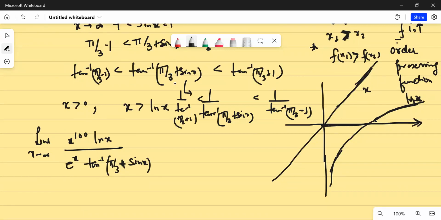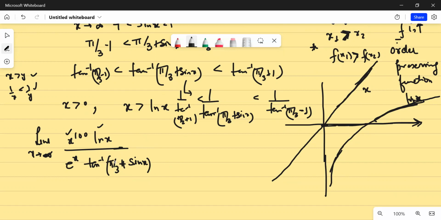Is that clear? If x is greater than y, then 1 upon x is less than 1 upon y. This is something that you know. Overall, I can understand that this would be positive because x is positive. Ln x, as x is tending towards a large number, is also positive, e to power x is positive, and tan inverse will also be positive.